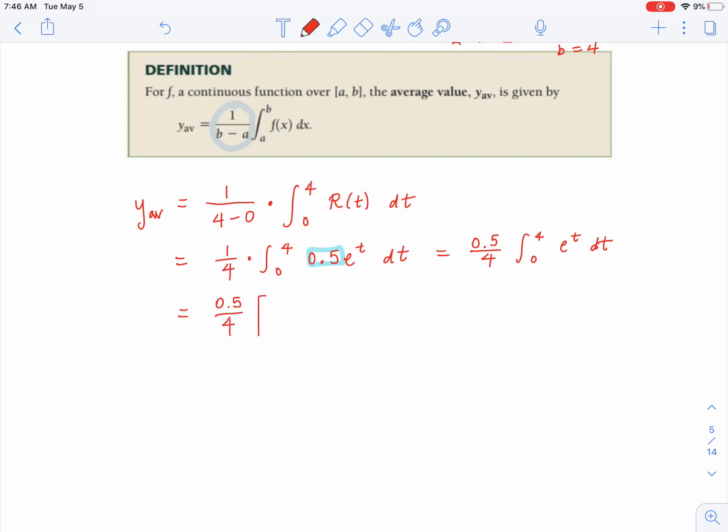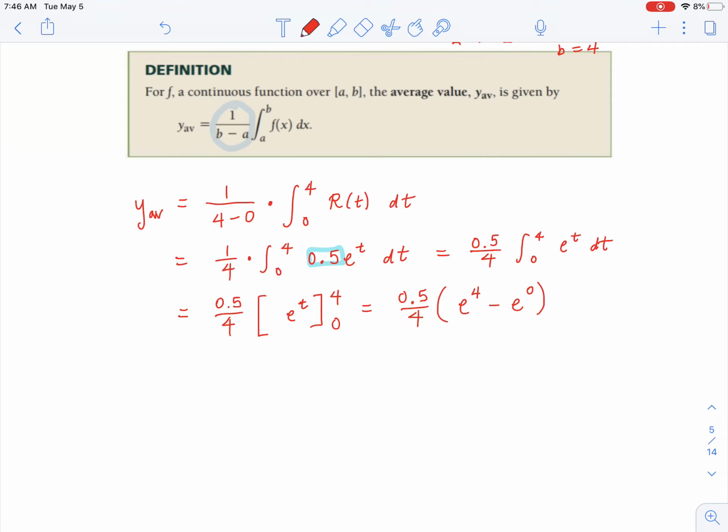The antiderivative of e to the t is just e to the t, with bounds from 0 to 4. So this will be 0.5 divided by 4 times e to the 4th power minus e to the 0th power.